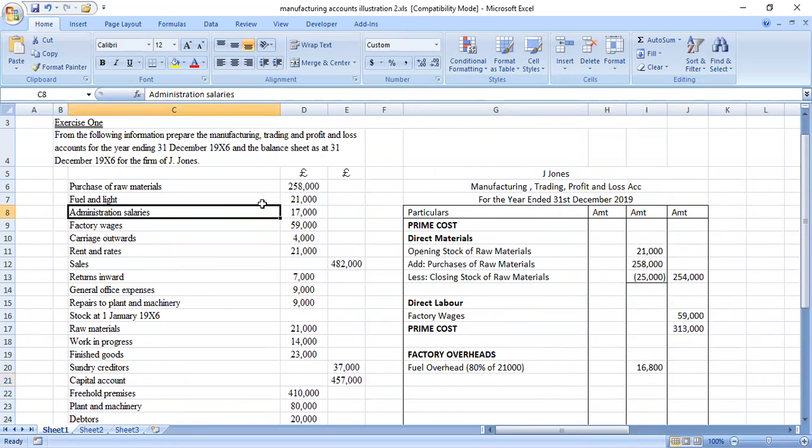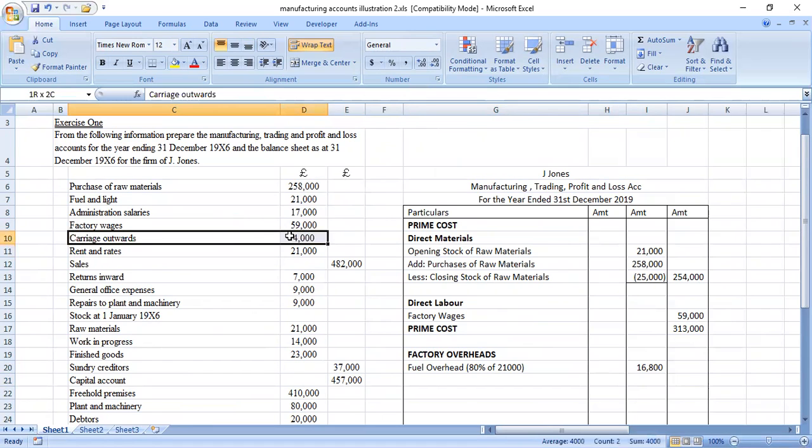Administration salary is not a factory overhead. That's an expense incurred in the office, so it doesn't fall under factory overhead. Then you have factory wages, which we have already placed under direct labor. And then we have carriage outwards. Carriage outwards are not involved in the manufacturing process.